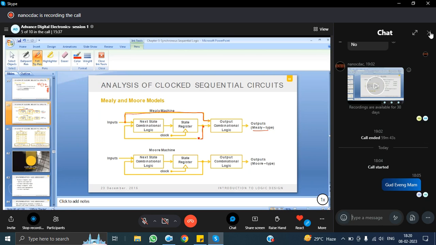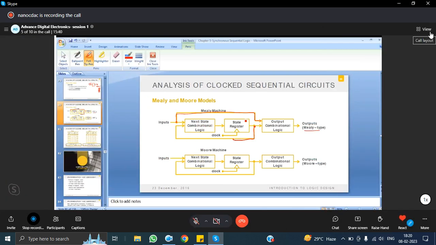And it also depends upon the state, in which state the flip flop is currently. Obviously this is the feedback. Since these are sequential circuits, there will definitely be feedback. This is the feedback. Okay, here you can see in a Moore type machine, outputs depend upon the present state of the machine, but the output is nowhere connected to the input.